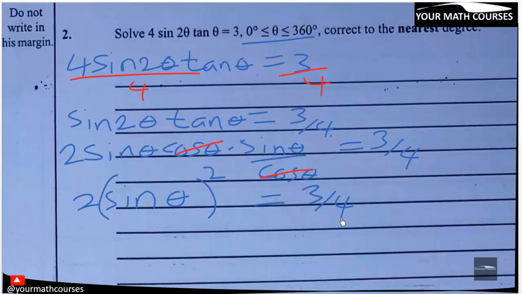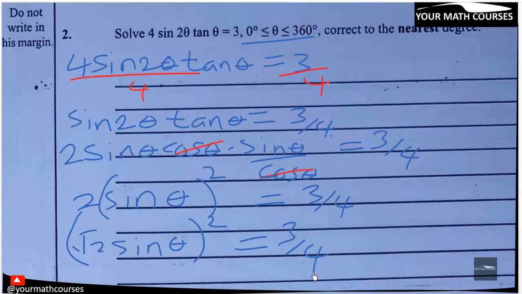In other words, we can write the 2 here as root 2. So root 2 sine theta all squared is equal to 3 over 4.